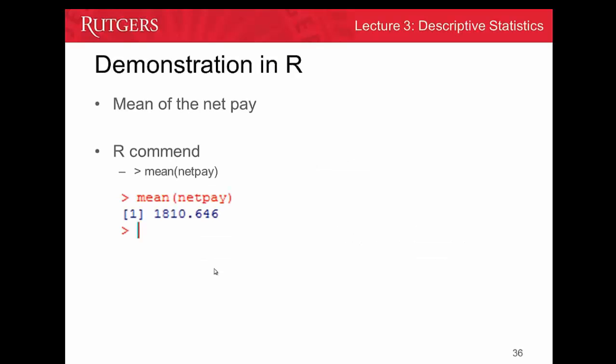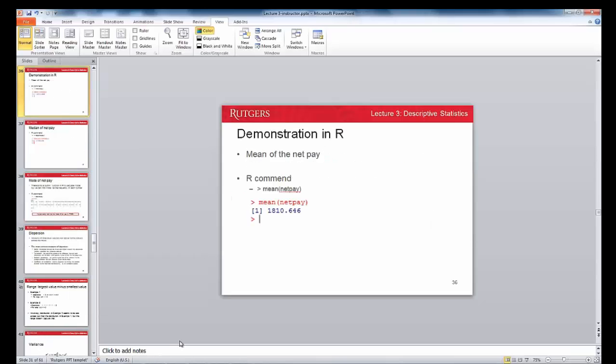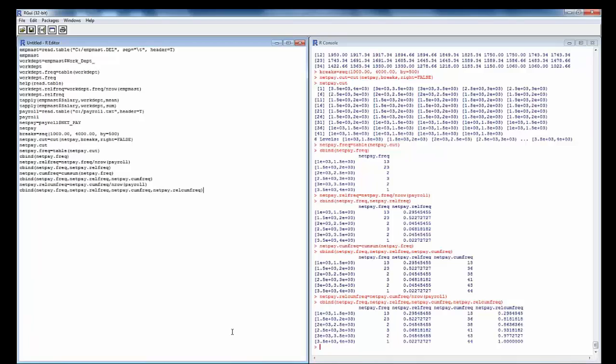Now let me show you how to use R to calculate these measurements. Okay, let's go to R first. Here we still want to use the values in the net pay column as the sample data. First we just need to calculate the mean of these values.